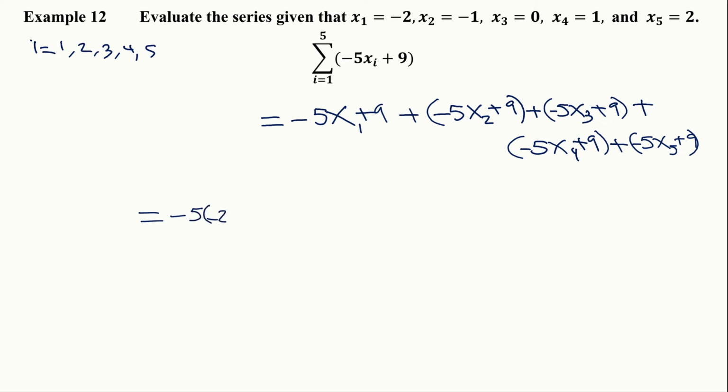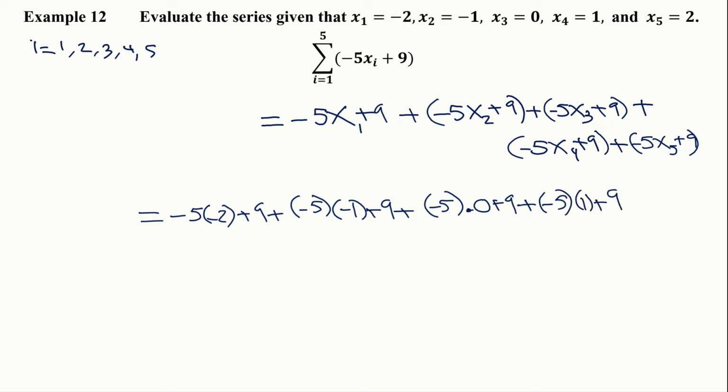So negative 5 times negative 2 plus 9 plus, I'm going to have negative 5 times x2, which is negative 1, plus 9 plus negative 5 times x3, which is 0, plus 9, plus negative 5 times x4, which is 1, plus 9, and then finally negative 5 times x5, which is 2.